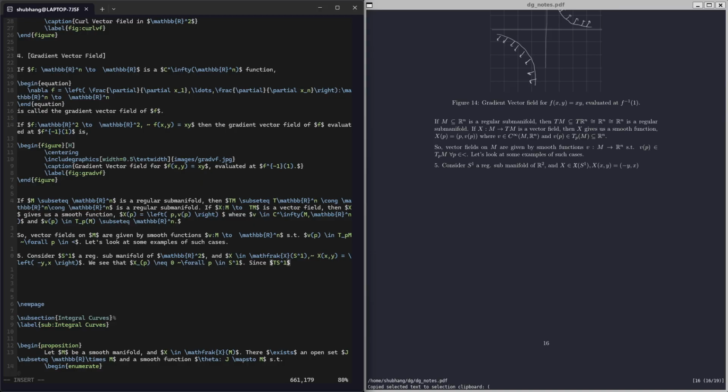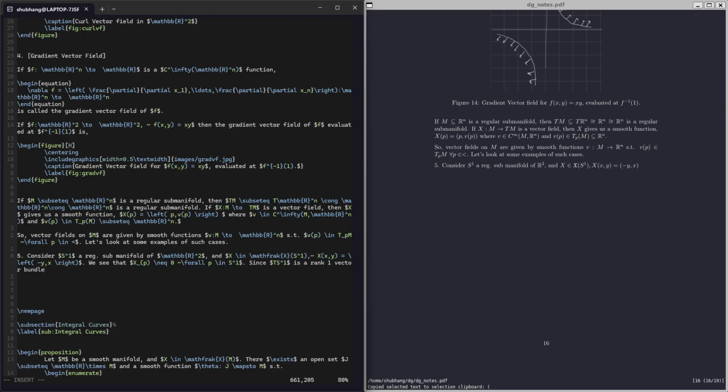Then TS1 is a rank 1 vector bundle, and X being non-zero is a frame of TS1.